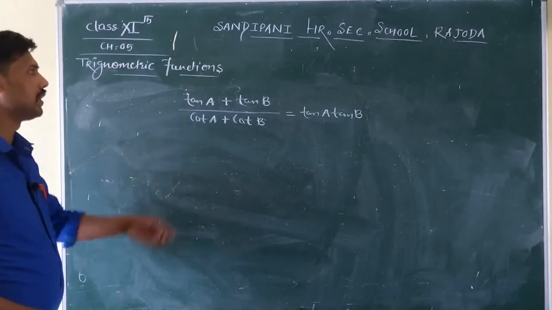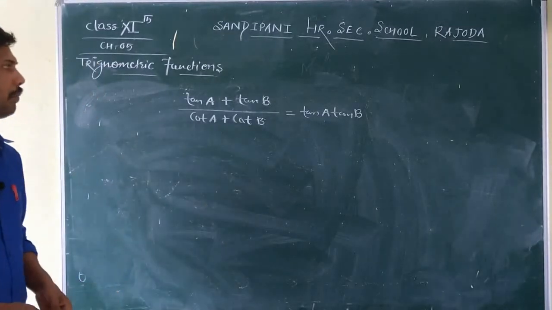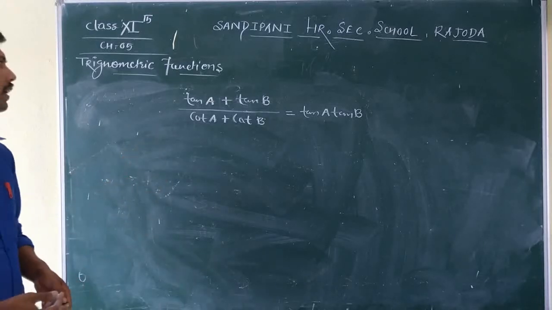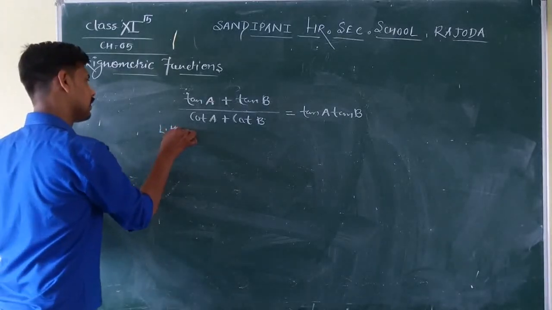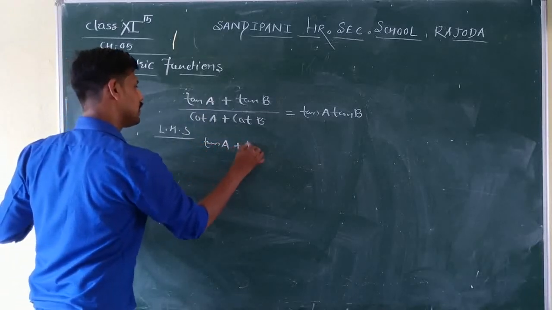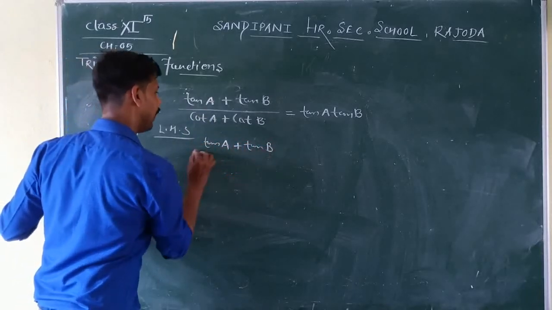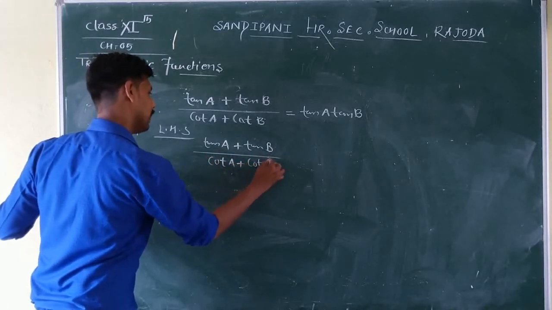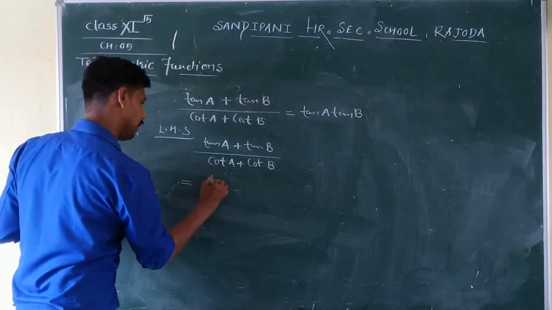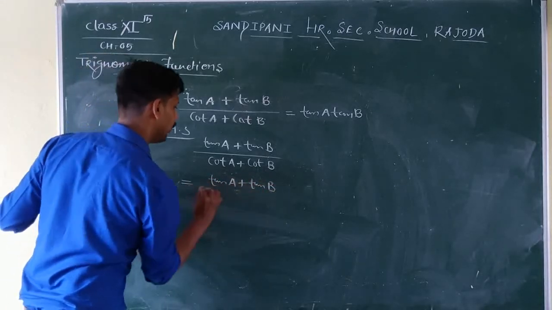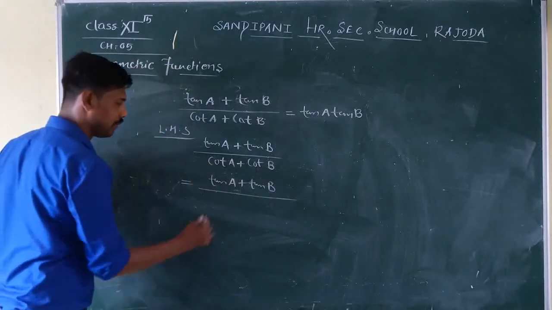Students, next question: (tan A plus tan B) whole by (cot A plus cot B) will be equal to tan A tan B. We take LHS: (tan A plus tan B) by (cot A plus cot B). Now tan A plus tan B remains the same. What is the meaning of cot theta?